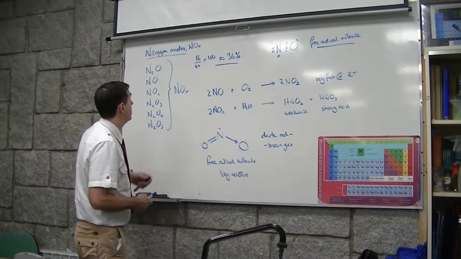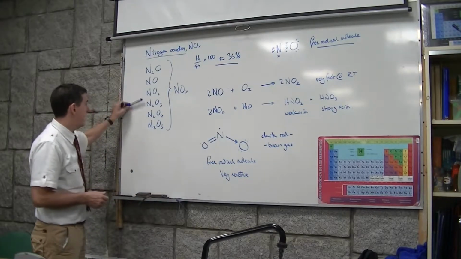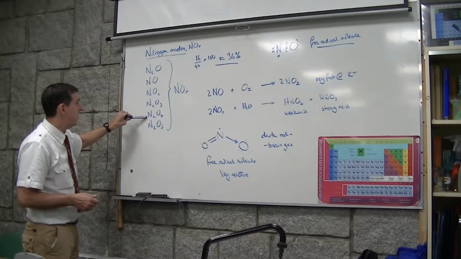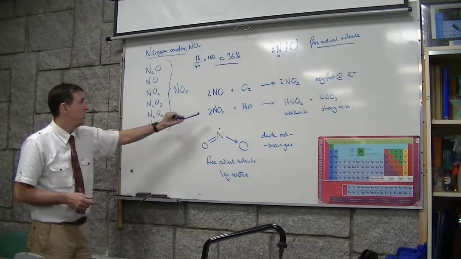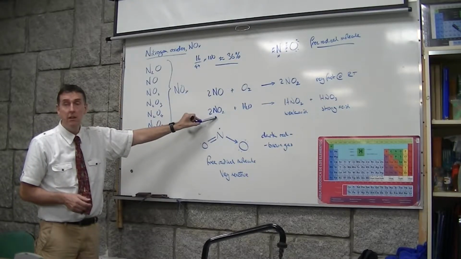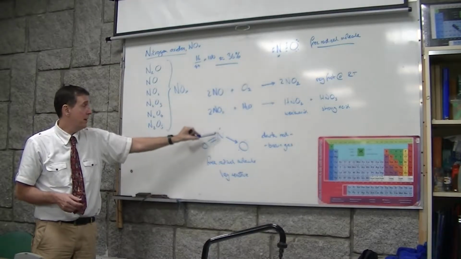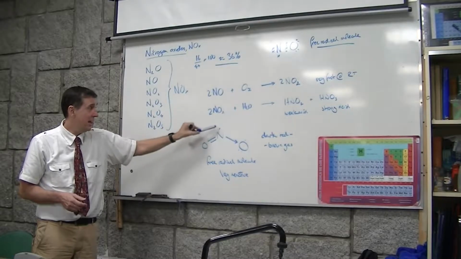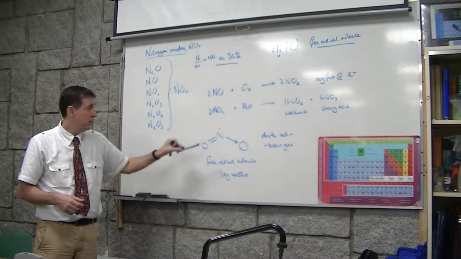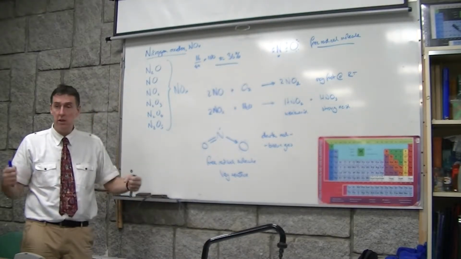So, how does it get into the atmosphere? Well, I'm not going to bother with these two. Dinitrogen tetroxide, N2O4, is formed when two of these get together. It's caused by this single electron pairing up to make two nitrogen dioxides joined together.